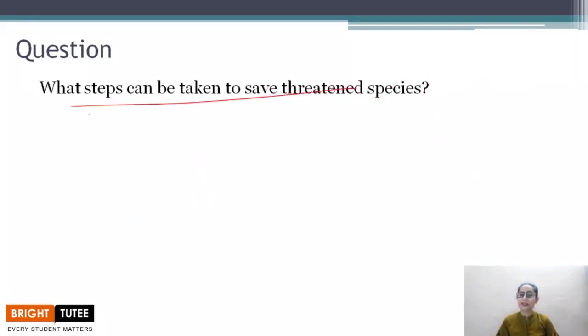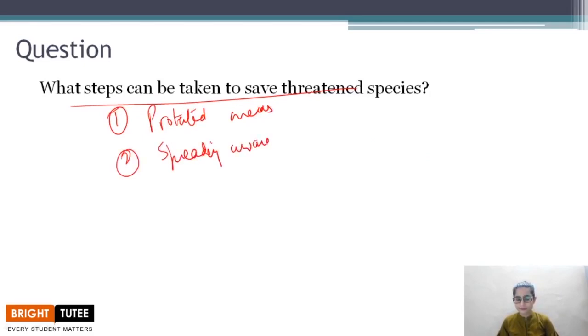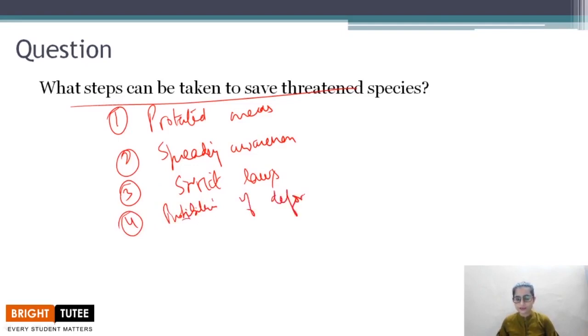What steps can be taken to save threatened species? First one is by creating protected areas. Second, spreading awareness among people. Thirdly, strict laws. Fourthly, prohibition of deforestation and hunting.